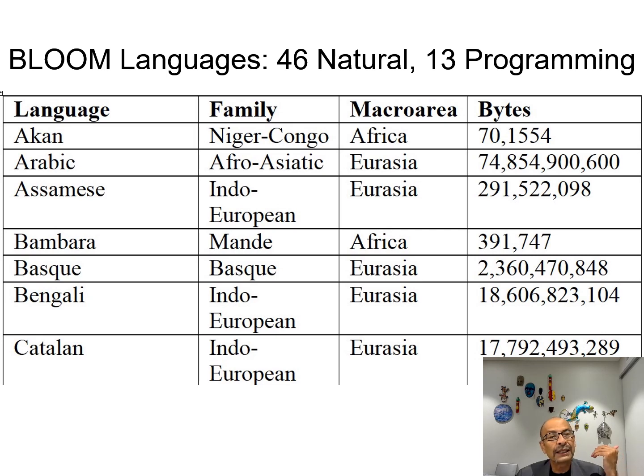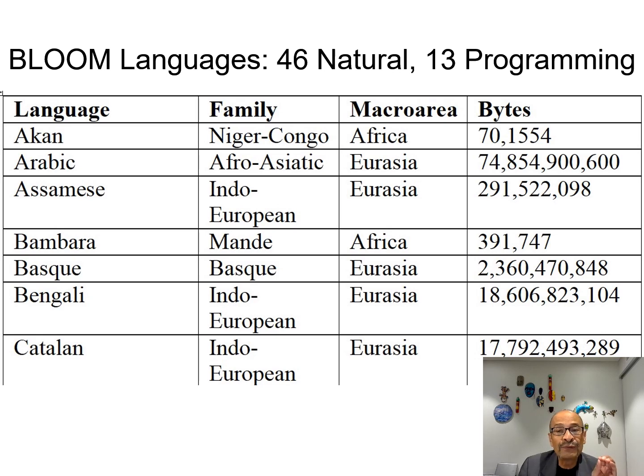It has languages that you normally do not see in these kinds of models. For example, it includes the Akan language, spoken in parts of Africa. And for that, it has about 700,000 bytes of data, which is very small.